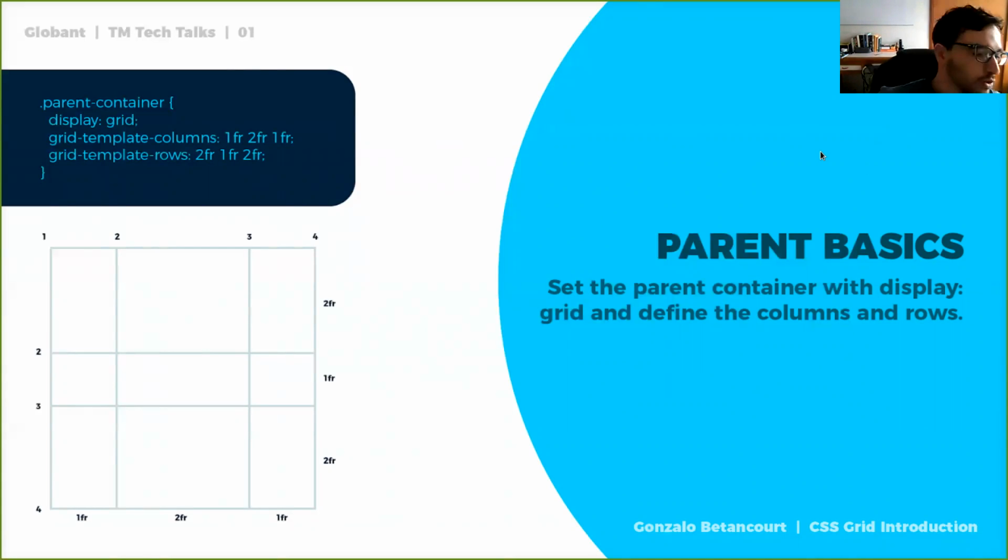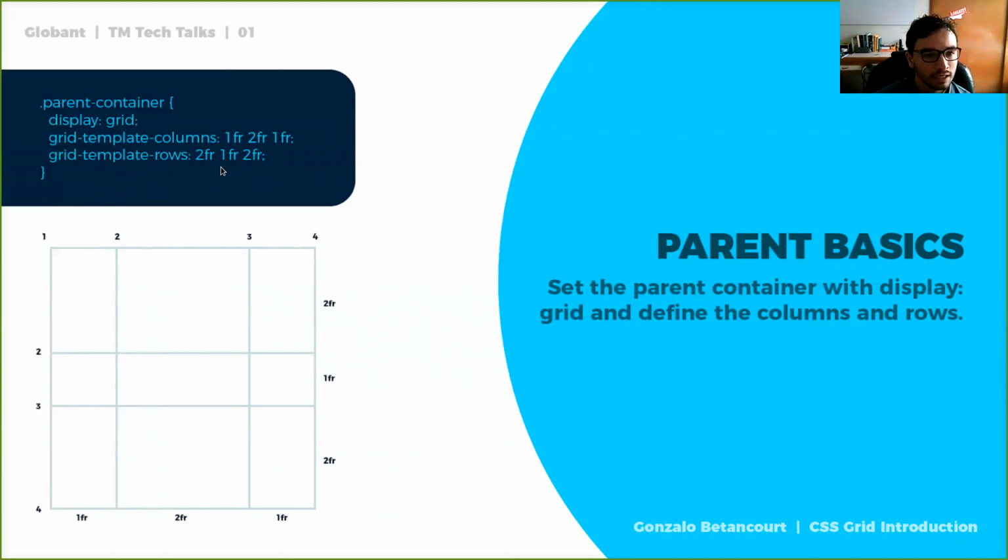First, we need to understand how we are going to define a grid, and this is done by the parent. In the parent container, we're going to specify a property called display grid, which is going to enable the grid system, and we need to create a template for the columns that we will have and the rows that we will have in our grid.